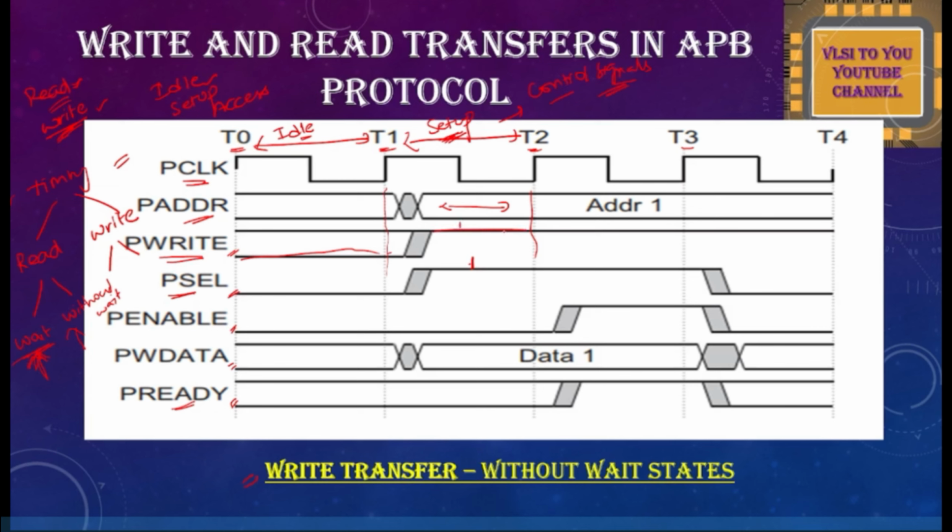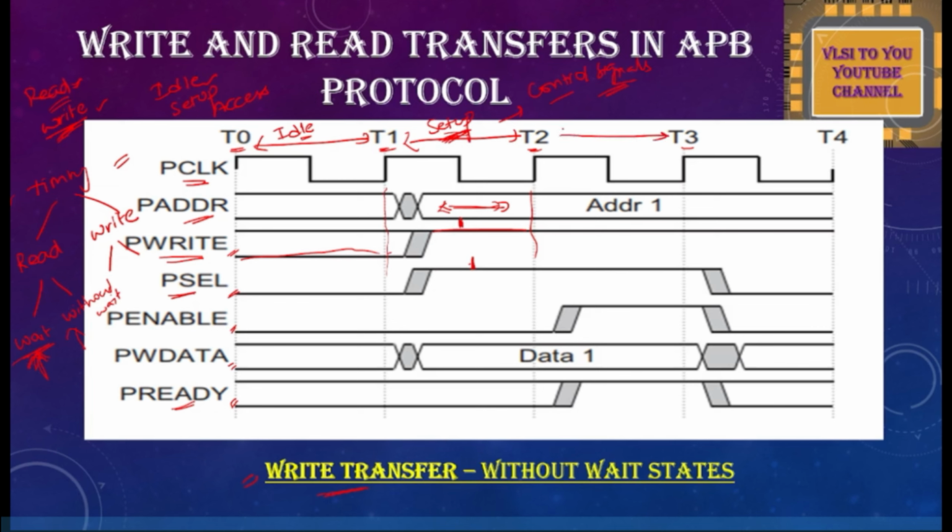Since this is 1, this is going to be the write transfer. If this is not 1, then this is going to be the read transfer. So these are the two signals which are active in this particular setup state. P select is going to be 1, the address region is going to be selected, and the P write signal is going to be 1 or 0 based on the type of transfer. So this is what is going to happen in the setup state.